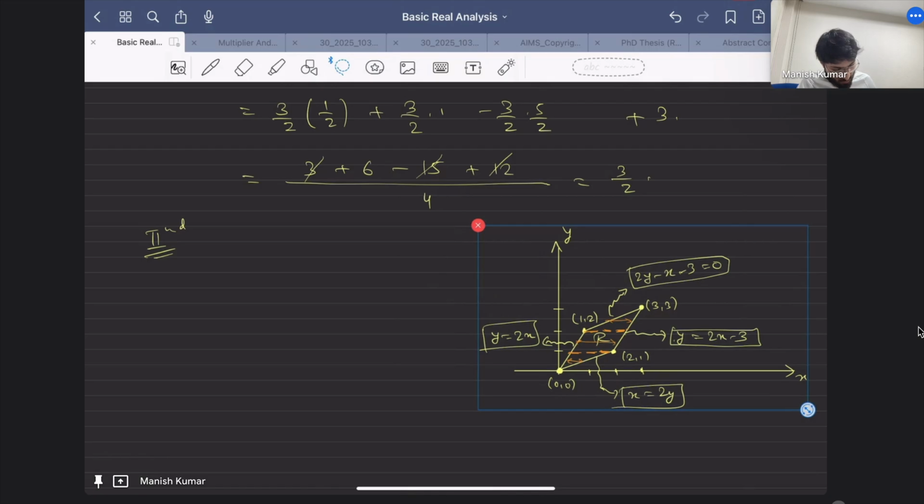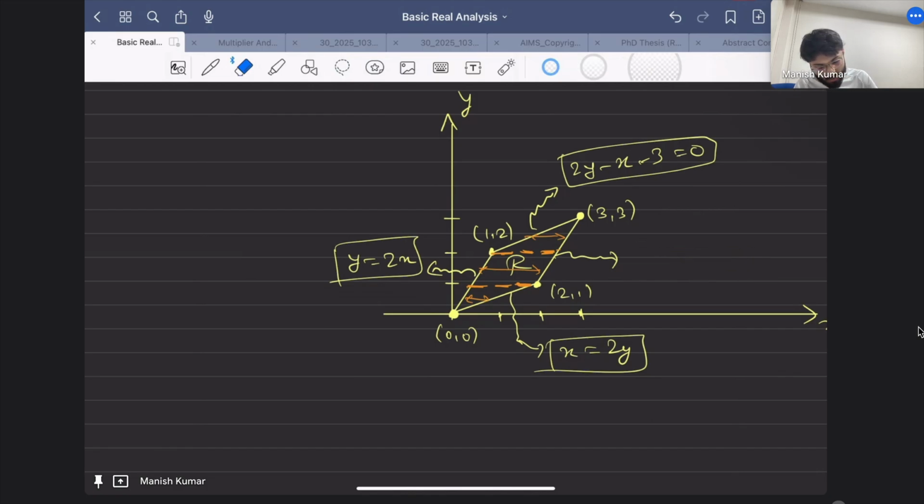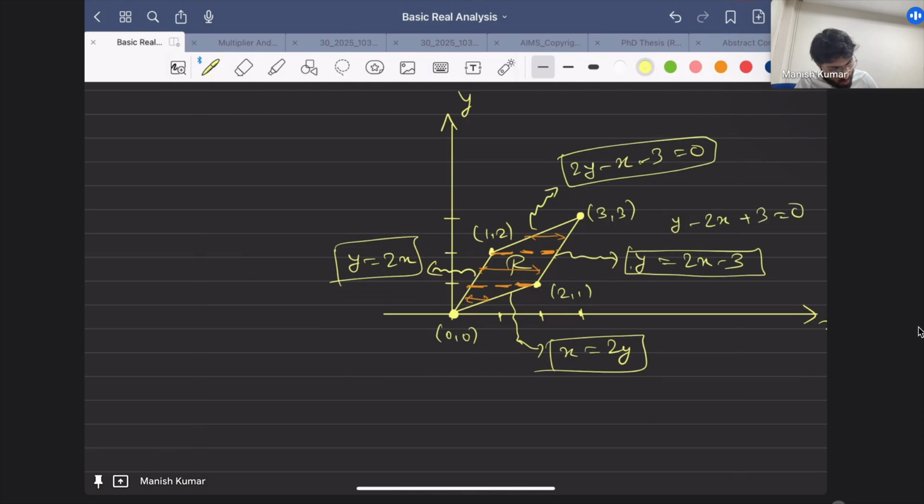Let me rewrite the equations. It's y minus 2x plus 3 equals 0, or y minus 2x equals minus 3. This can also be written as 2y minus x equals 3.